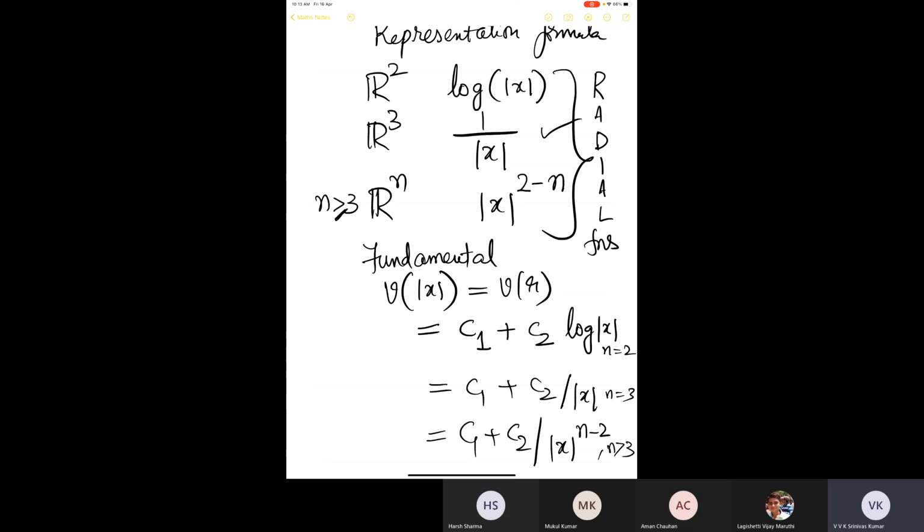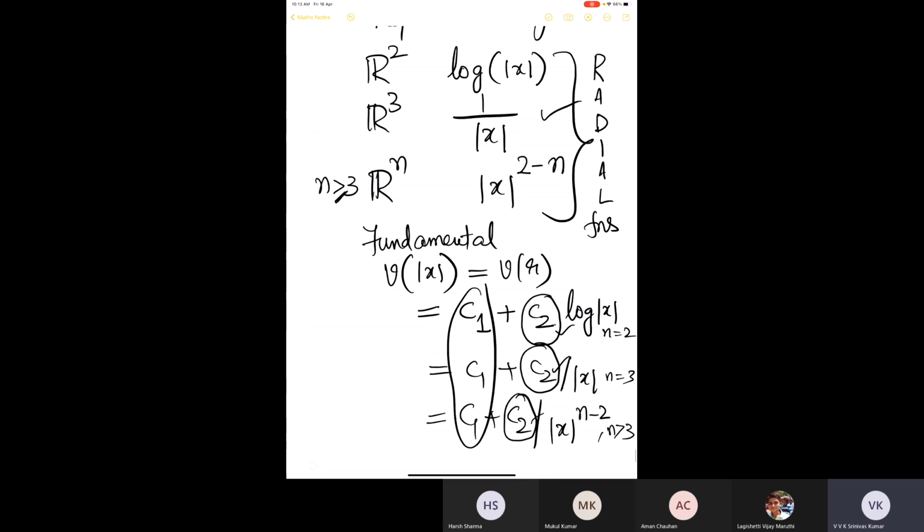The C1s are constants; addition of a constant is also a solution, so we can ignore them, but we have to find the C2s.